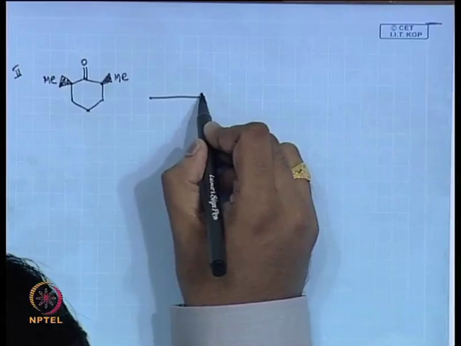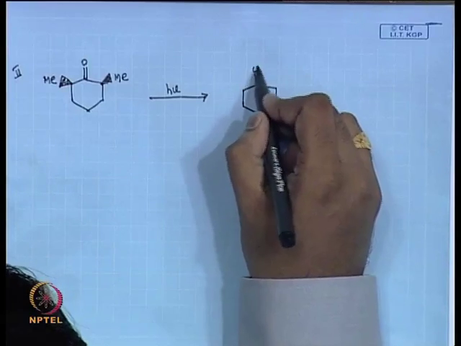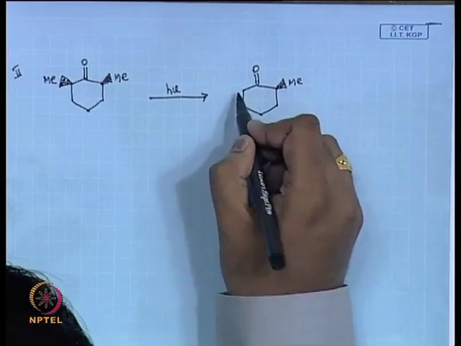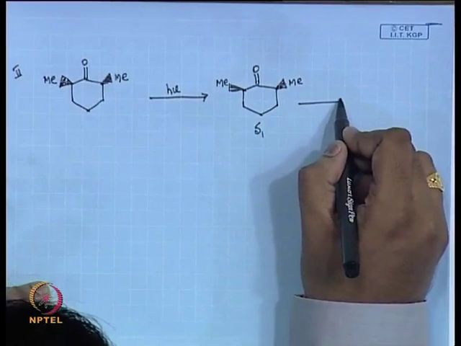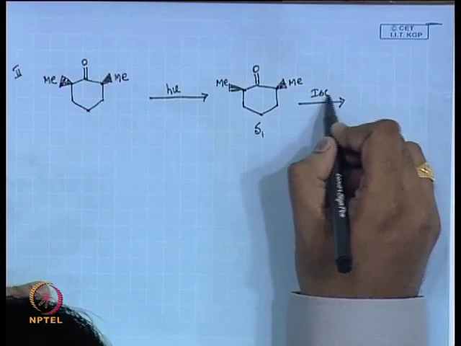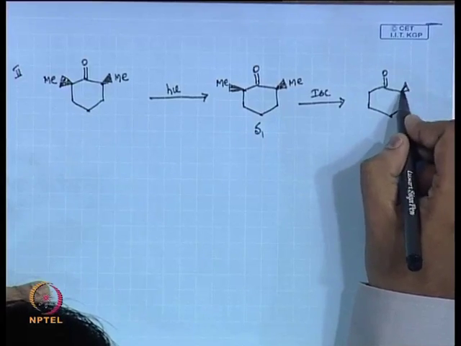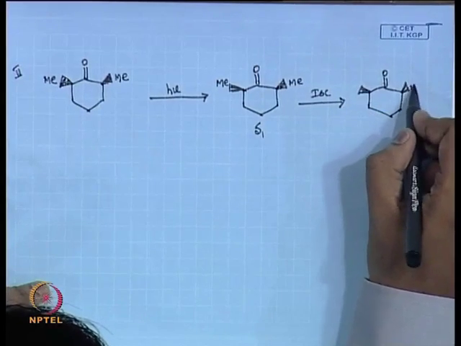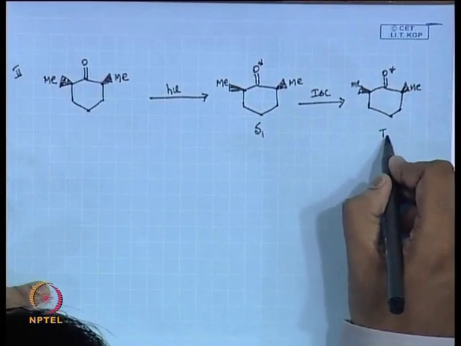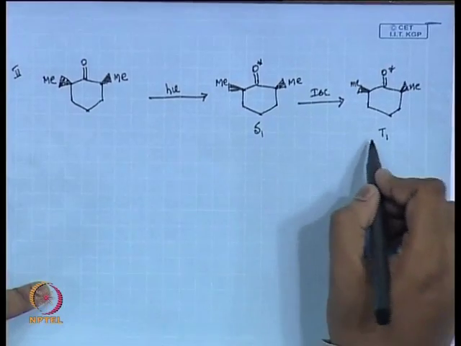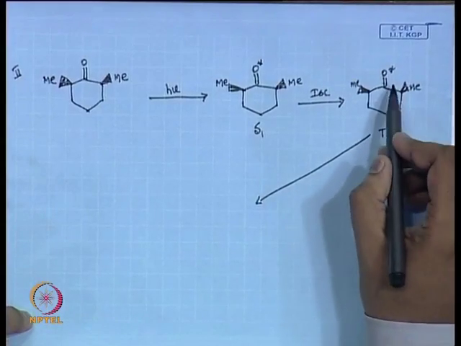So, yes, your first step is always, once you shine light on the cyclohexanone system, it is singlet, then it undergoes intersystem crossing, it is triplet, then you can do your alpha cleavage. Since it is symmetrical, you do not worry much about whether this side or this side.